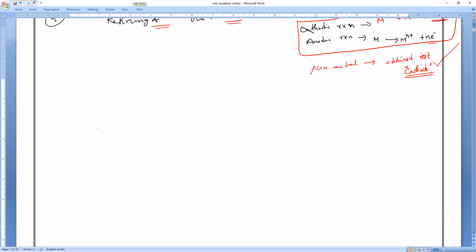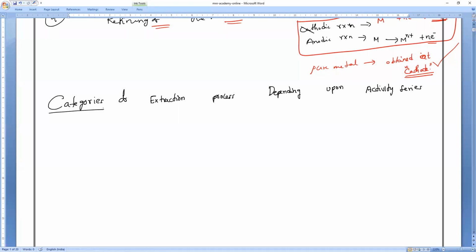So all of you keep a heading: categories of extraction processes depending upon the activity series.